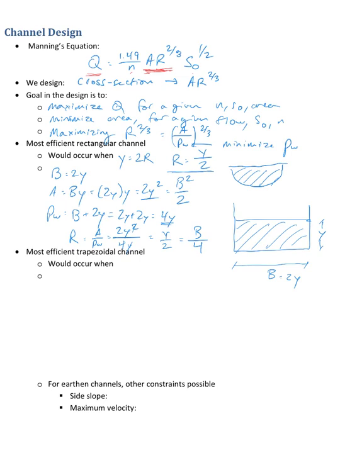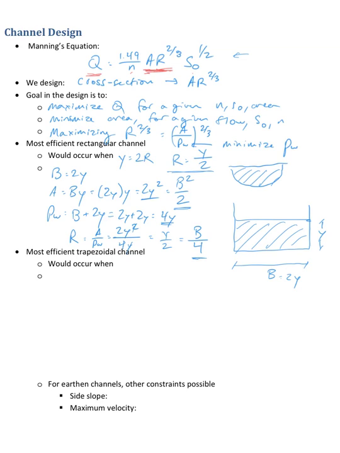And we'll see in an example problem how we can plug in these things we know, b over 4 and b squared over 2, to solve for what b would be in Manning's equation up here for a rectangular channel, most efficient cross-section. Okay, so we'll do the example problem on the next page.